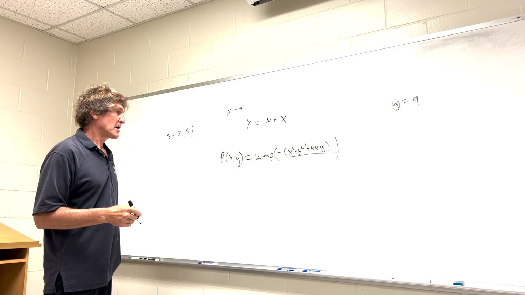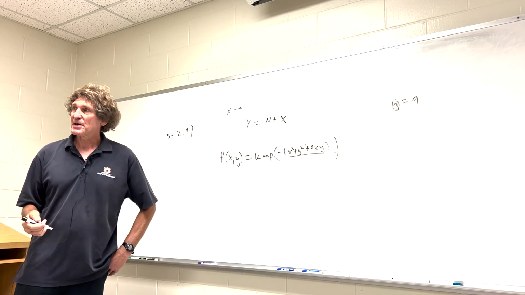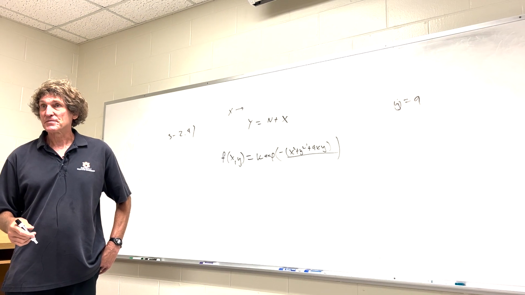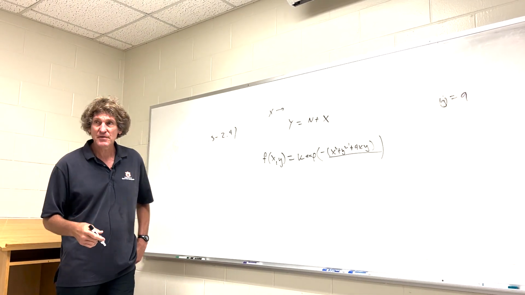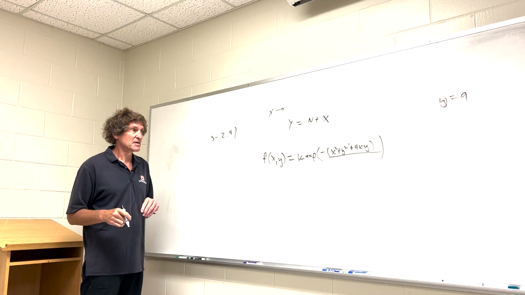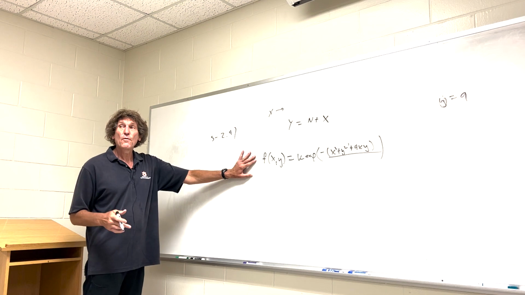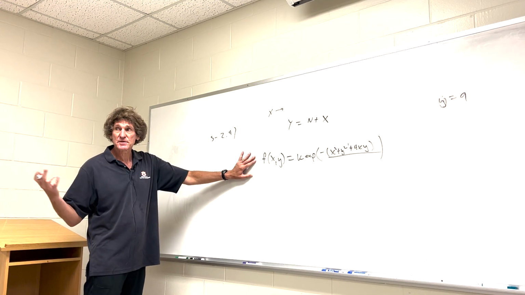You can find K, but out of curiosity, how do you find K in general? Remember, this is a joint density, valid for x, y from minus infinity to plus infinity. If you integrate it over where the actual values of x and y can exist, it has to be 1.